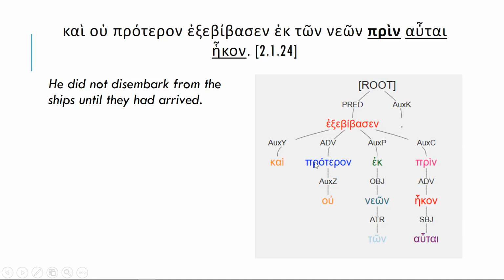We've got this before word here, proteron, and then the idea is kind of repeated in the prin, before they came. So we've got a redundancy, which is just fine. You can have as many adverbs on a verb as you want. So he did not disembark from the ships before they came.